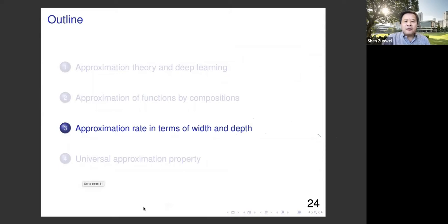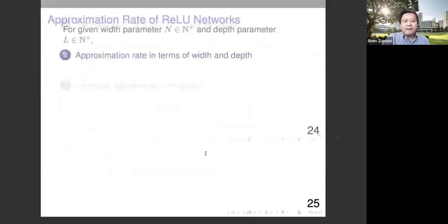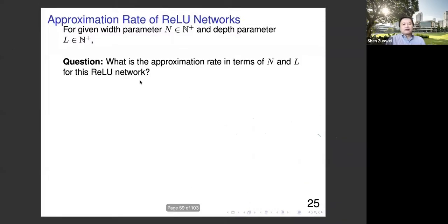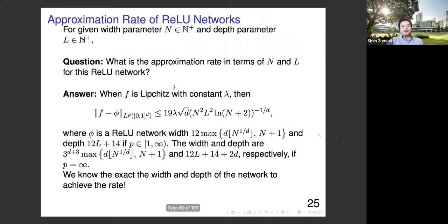I will do the approximation rate in terms of width and depth. Given the network, 2 parameters are important: one is the width, another is the depth. Given the width parameter is n and the depth parameter is L, and the activating function is ReLU, we want the approximation rate in terms of n and L. So we have this result.